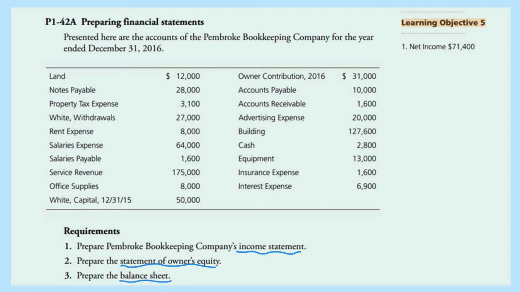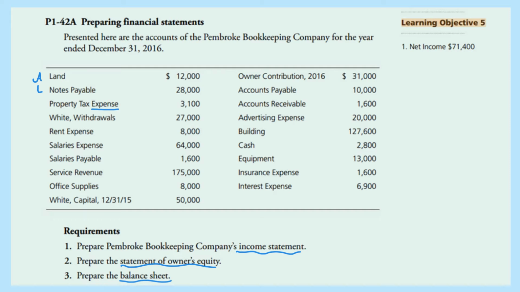Okay, so let's go through these accounts and figure out, is it an asset account, a liability, or an equity account? Okay, let's start with the land. It is an asset. Notes payable, anything payable, we said it's a liability account. Property tax expense, it's an expense account, so we're gonna use it in the income statement.